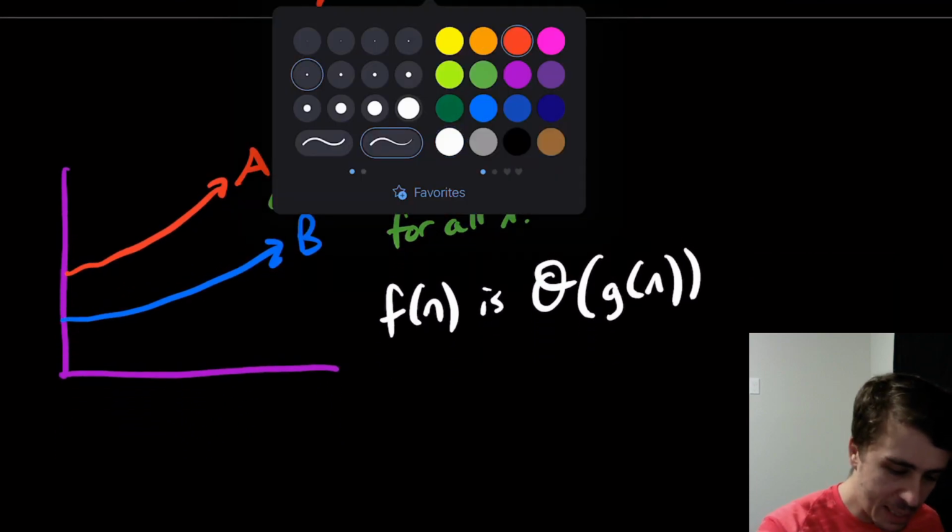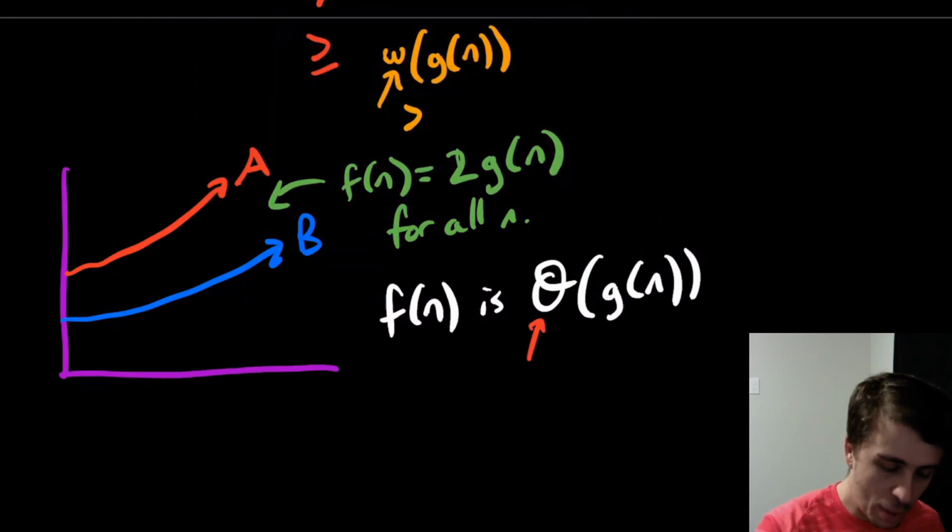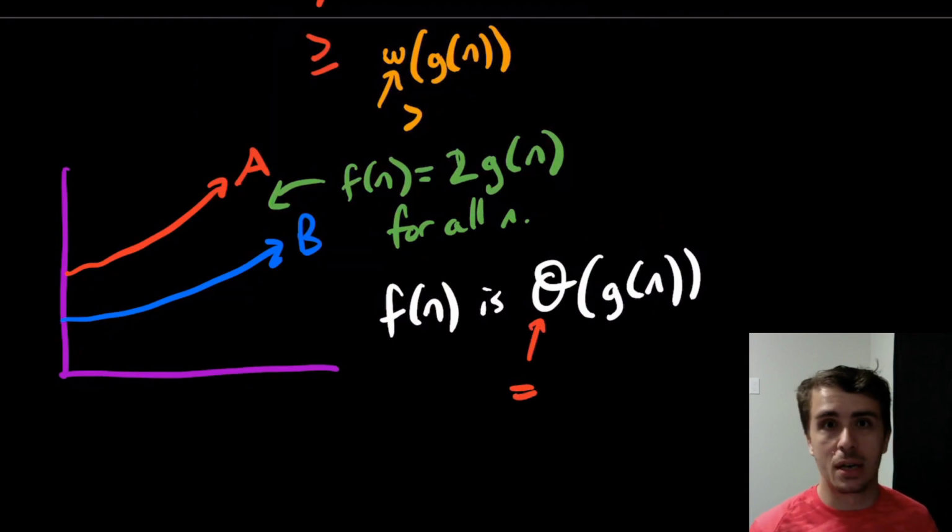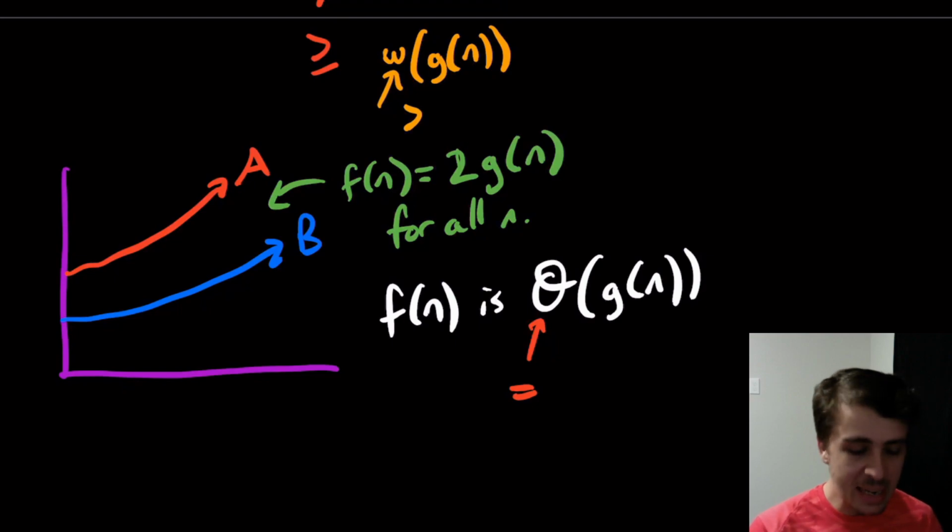And what this means is that the relative difference is in some sense equal. So that means that it's some constant times g of n always.